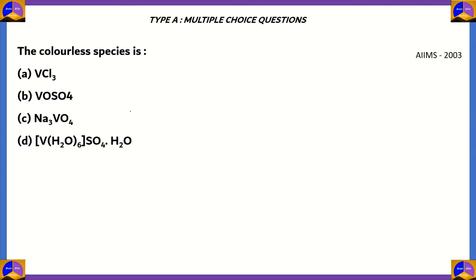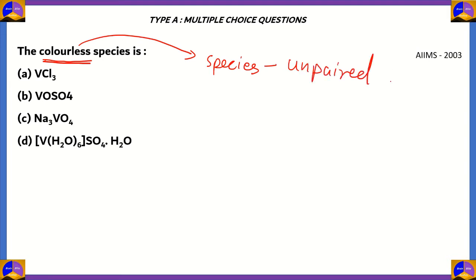Now in this question you need to find out which of these four species is colorless. So what is the condition for becoming colorless? The condition is that the species must not have unpaired electrons in d orbital. So if it has unpaired electrons in d orbital, then the species becomes colored.